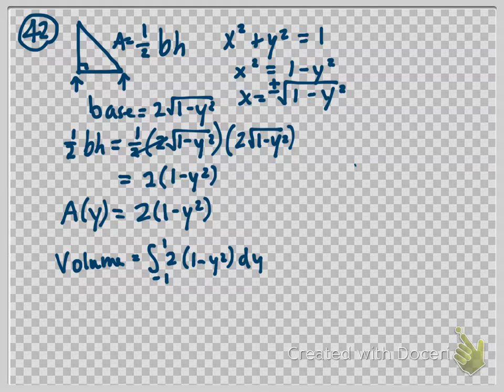Okay. I want to get you thinking in terms of how the rest of the volume problems work, okay? Let me just tell you how you're going to know which method you're going to approach this with.